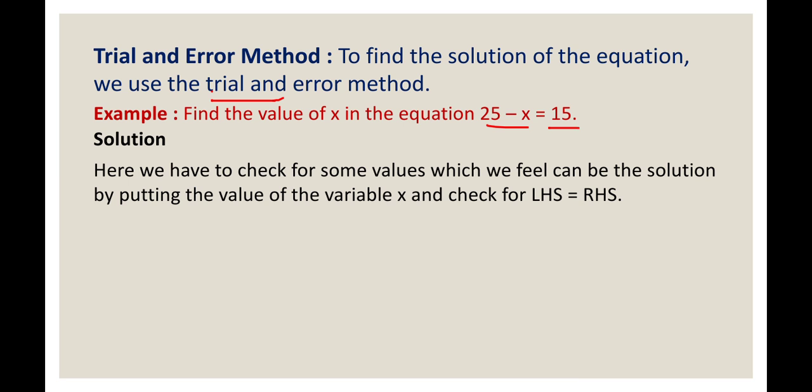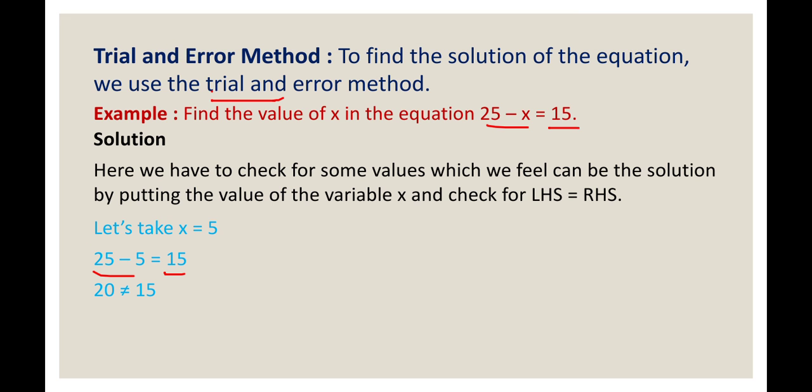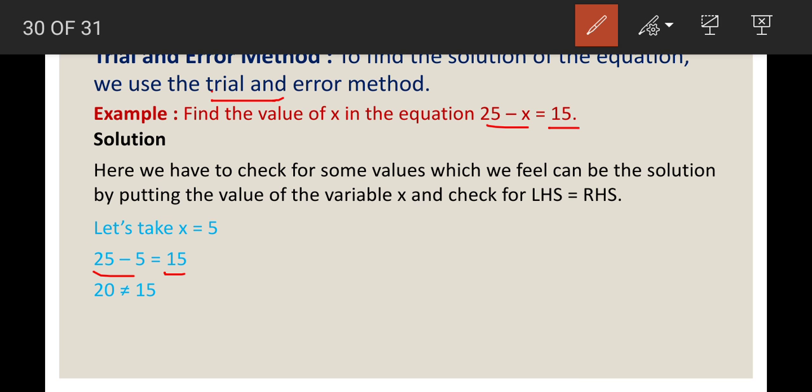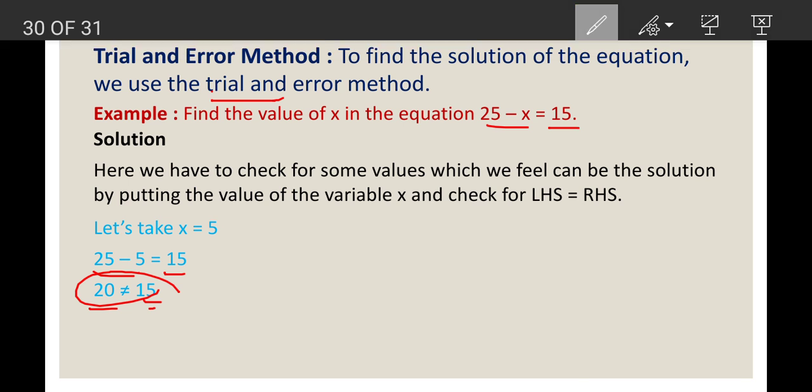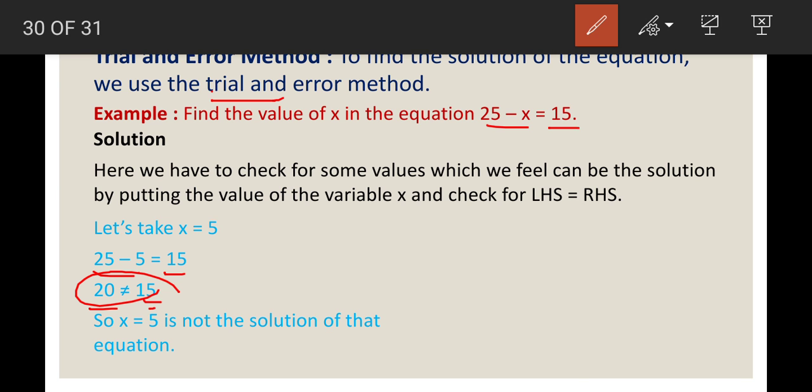If not, then it is not the solution. So let's take x equal to 5. In place of x we put 5. So it is 25 minus 5, and we have to check whether it equals 15 or not. 25 minus 5 is 20, which is not equal to 15. So x equal to 5 is not the solution of the equation.